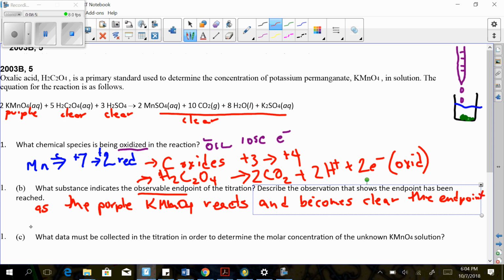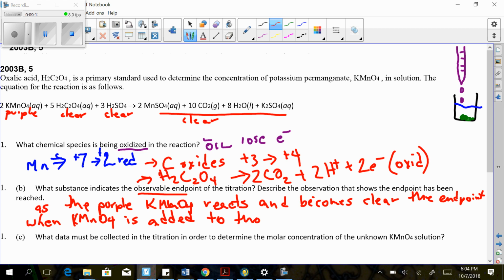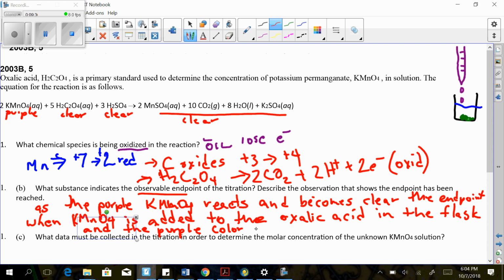We know we reach the endpoint when KMnO4 is added to the oxalic acid in the flask, and purple color remains.